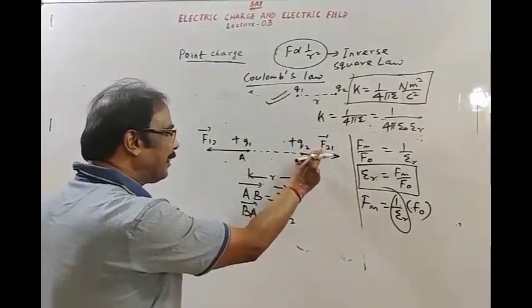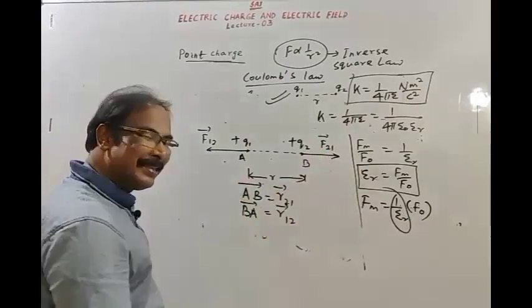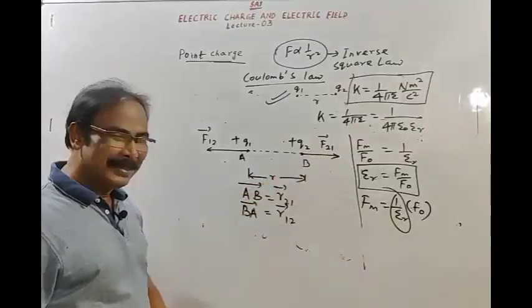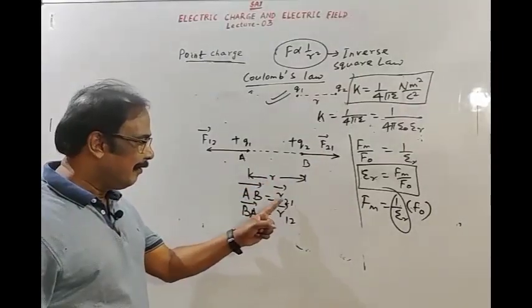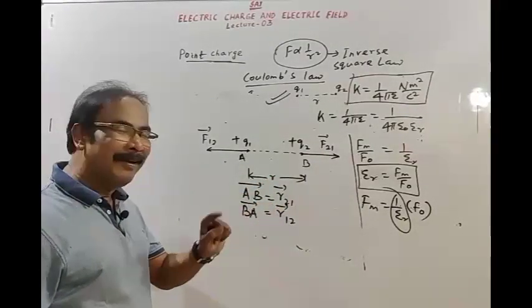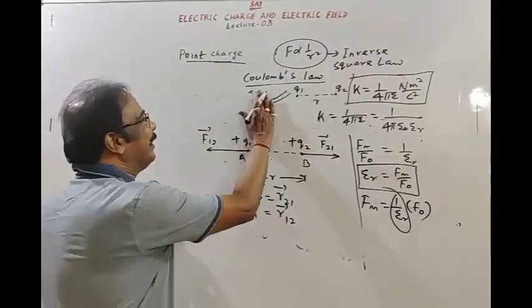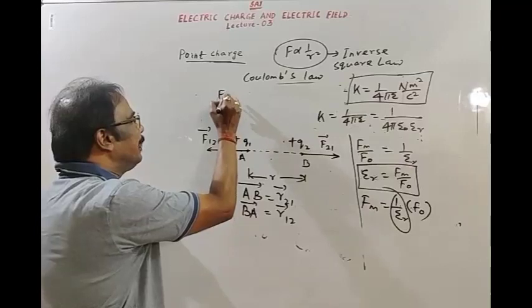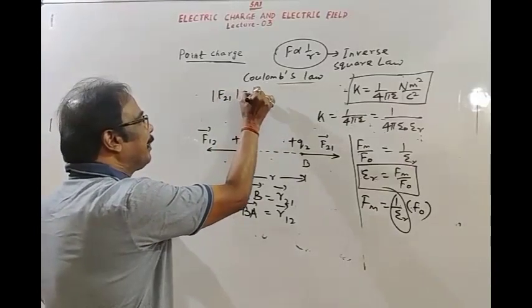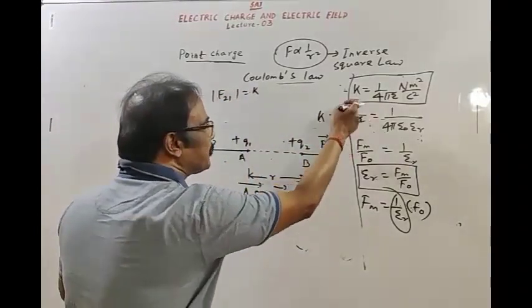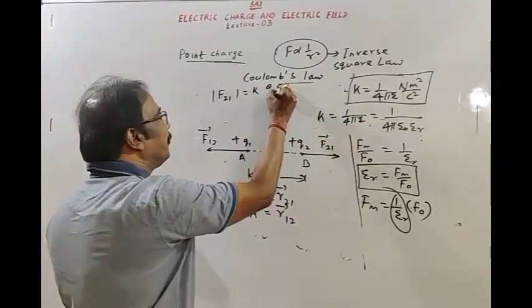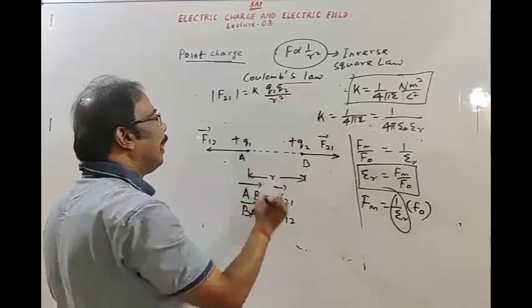So to take respective forces, we have to consider the proper direction of force, okay, either along R21 vector or along R12 vector. Okay. Then magnitude of force F21, I am taking K in place of 1 by 4 pi epsilon. I am taking K Q1 Q2 divided by R square.